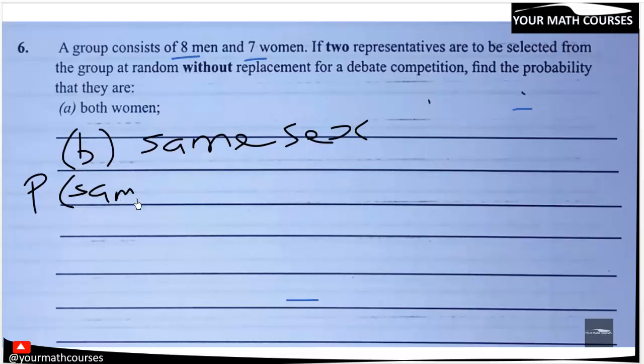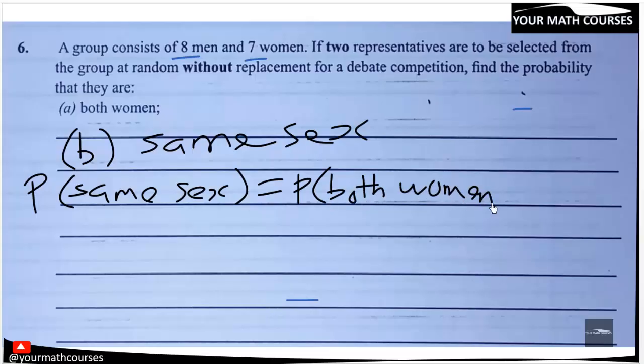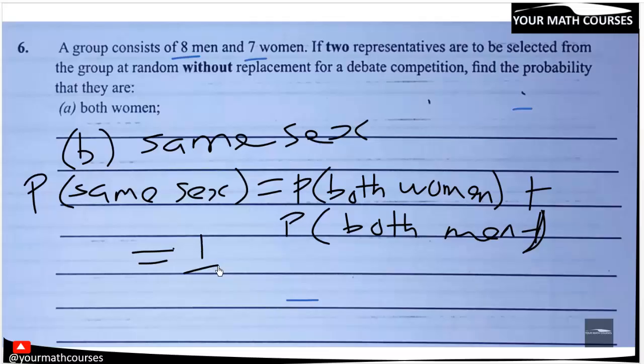Probability of same sex means probability of both women plus probability of both men. So we find the probability of both women to be 21 over 105.